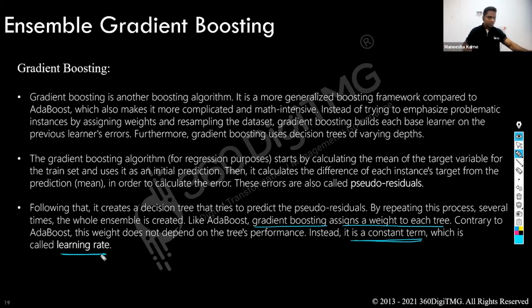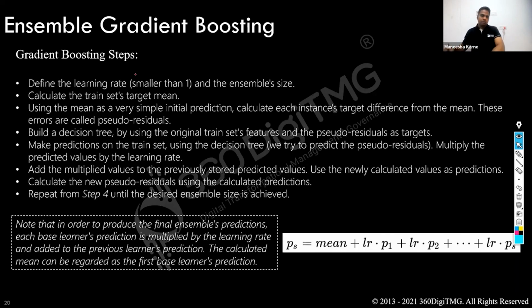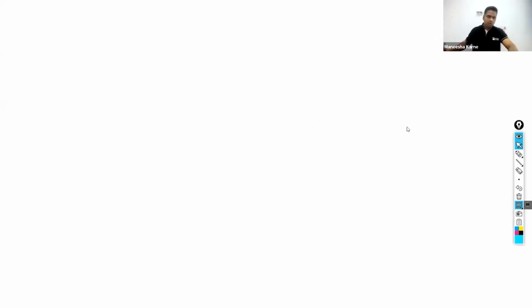Now, let's get into the explanation. Everything that I'm going to talk about would be here, but I would resort to my way of explaining. So the first step within gradient boosting is as follows.